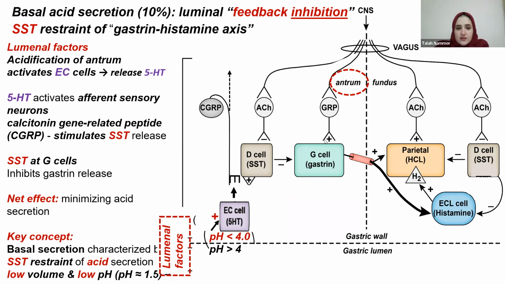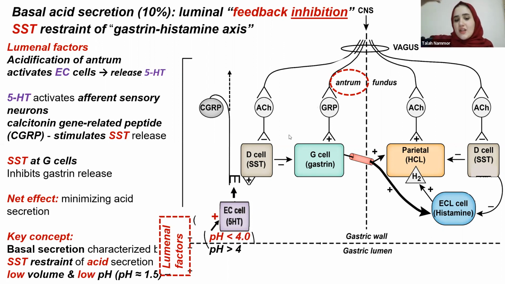So guys, sure, I can repeat. Listen, how does our body know that we have enough gastric acid? It depends on the pH. If the pH goes below 4, which is the pH that we need, meaning we have a lot of acid, the interchromaffin cells will get activated.